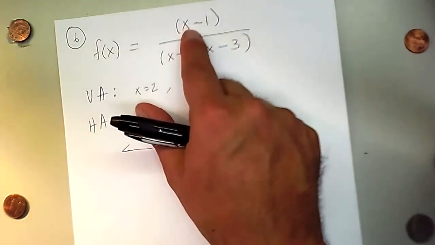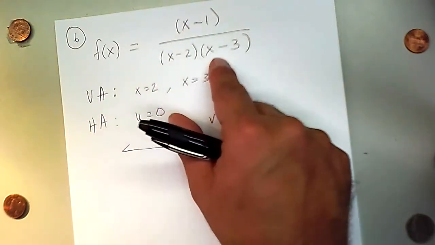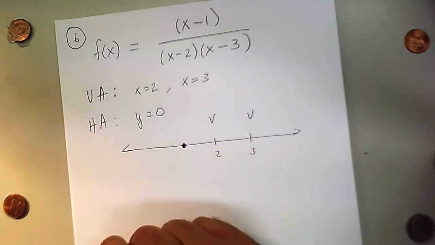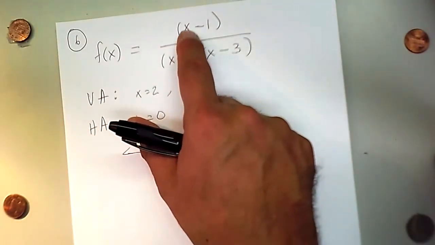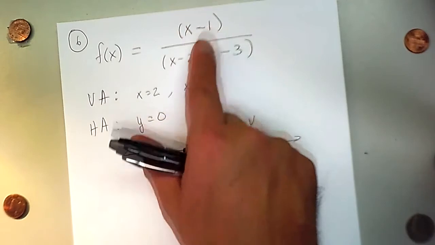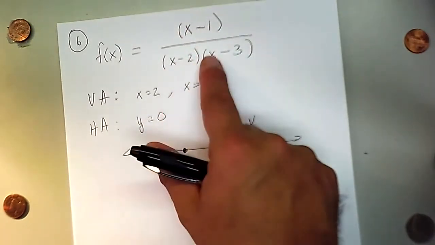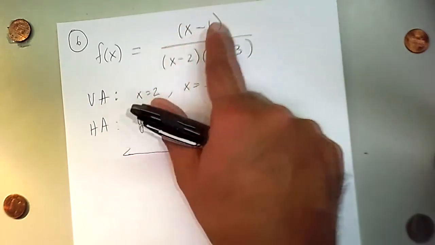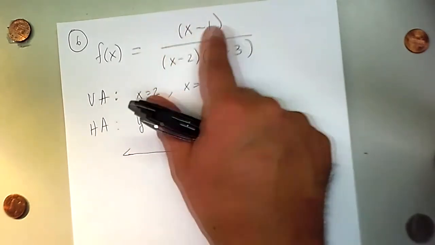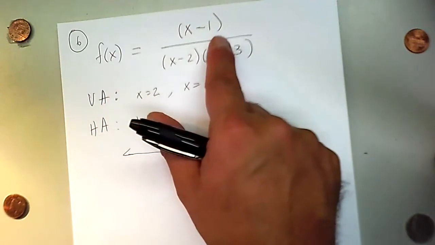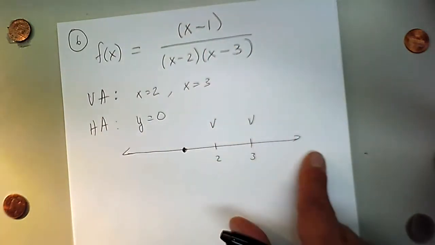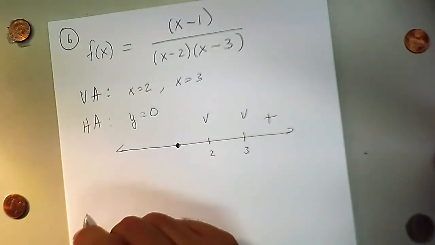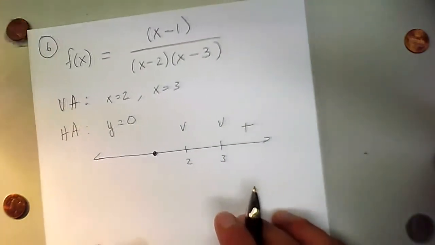Now, if you plug in a big number, and by big in this context, I mean bigger than 3, say 5, you end up with 5 minus 1, 4, 5 minus 2, 3, and 5 minus 3, 2. All the numbers end up being positive, and consequently, the output of this function is positive past the 3. So we have positive. How do I find that?